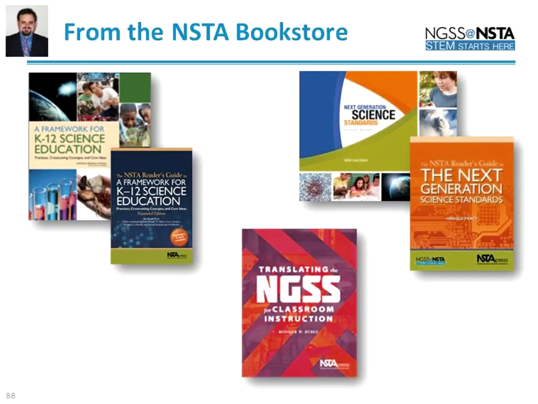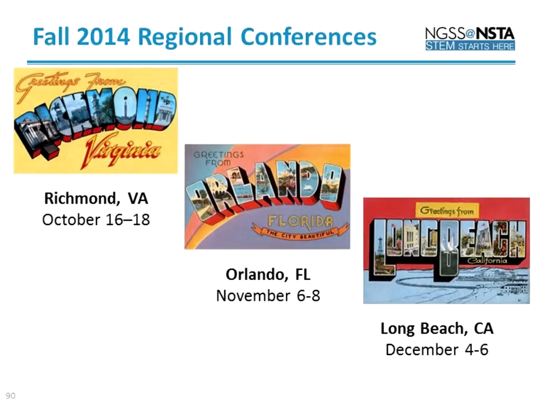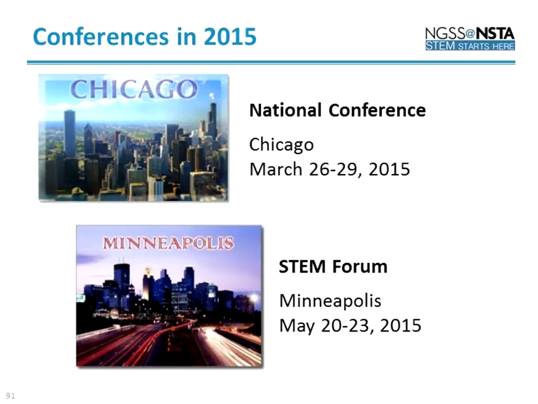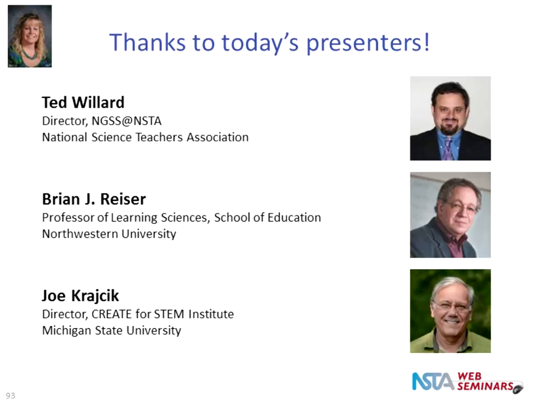A number of books by NSTA Press that deal with NGSS. You can see a number of titles here. And there's also the NGSS app. Get it on your cell phone or your tablet. It makes it very easy to look up the standards. We've got our fall conferences coming up this fall, and next spring we've got our National Conference and STEM Forum and other conferences coming in 2015.